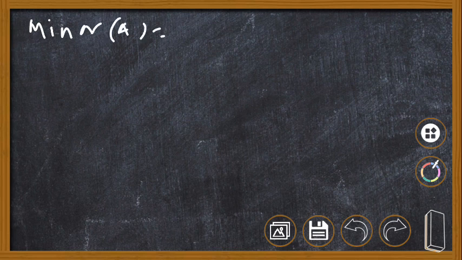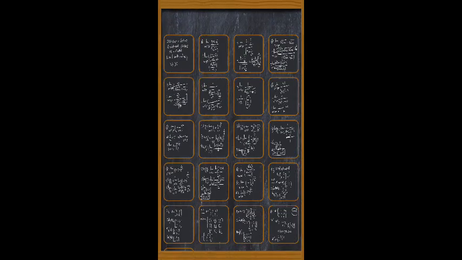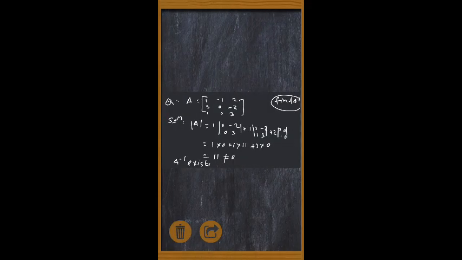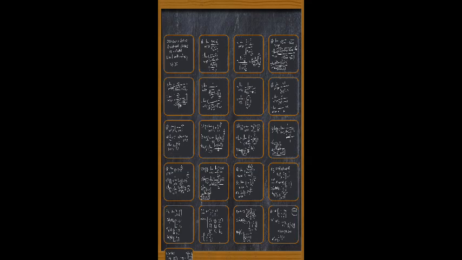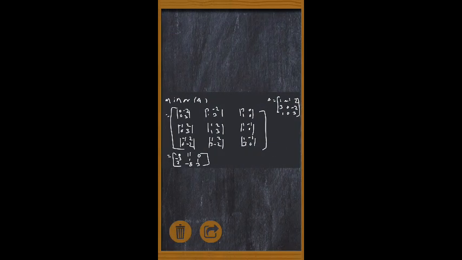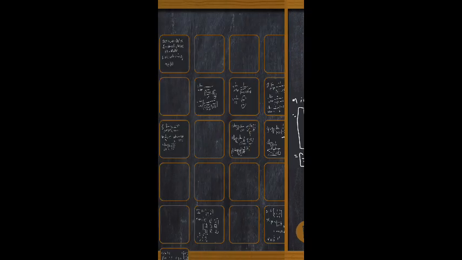So I get the minor of A, which is 0, 11, 0. Let me check it. What were the elements? Minus 3, 1, 1, 2, minus 8, 3.